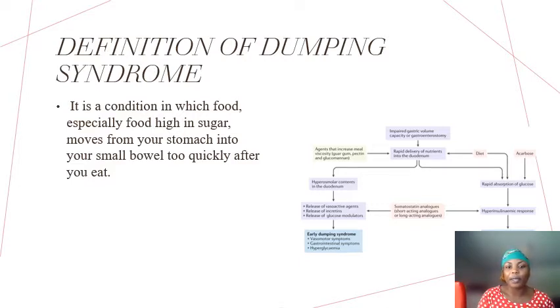You have hyperosmolar content in the duodenum due to the high volume of food, of nutrients which come to the duodenum all at one time. Okay, you have a release of vasoactive agents, a release of incretin, a release of glucose modulators. All of those are hormonal and are located in the duodenum.